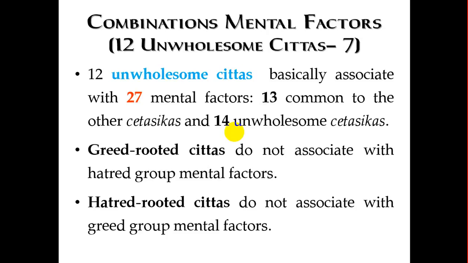If you are angry, then the 4 unwholesome universals, as well as the 4 mental factors under the hatred group: hatred, envy, avarice, and worry. And doubt is clear that it is associated with the cheta rooted in doubt. If you know this one, I think it's not difficult.